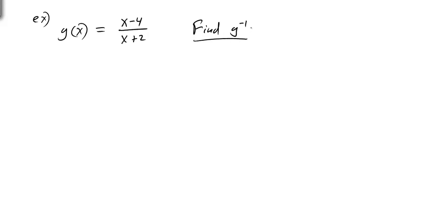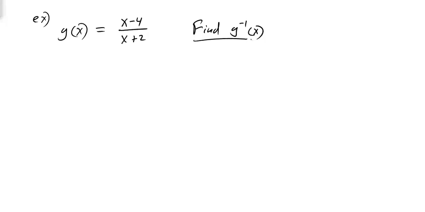All right, let's try one more example, and you may want to pause the video and see if you can find the inverse here. If I have g of x equals x minus 4 over x plus 2, we want to find the inverse function of g. So again, maybe you want to attempt this on your own.